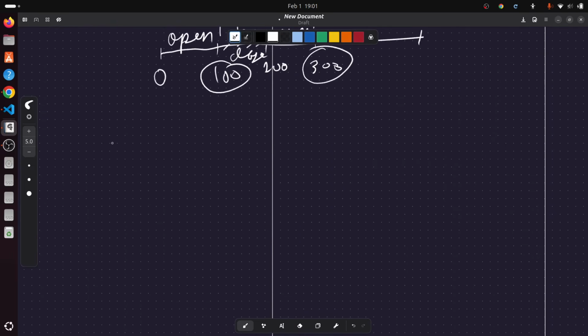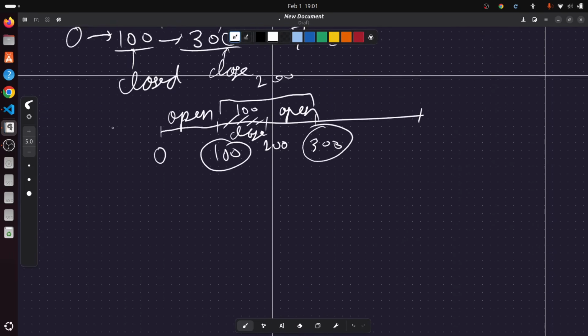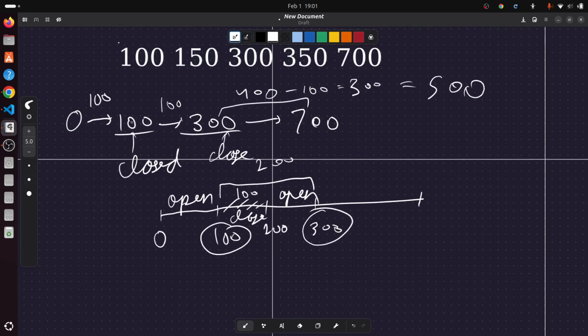We can simply keep track of when was the last time that we closed the box. Here Aoki came at 100, so we close the box and mark a variable that at 100 we closed the box. Next time at 150 he came, so we check whether the last time we closed the box was more than 100 seconds ago or less, that is, is the box still open or closed? If the box is still closed, we won't do anything, we'll continue. Then we go to 300.